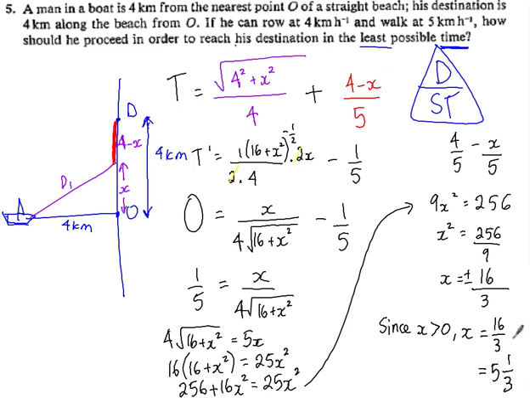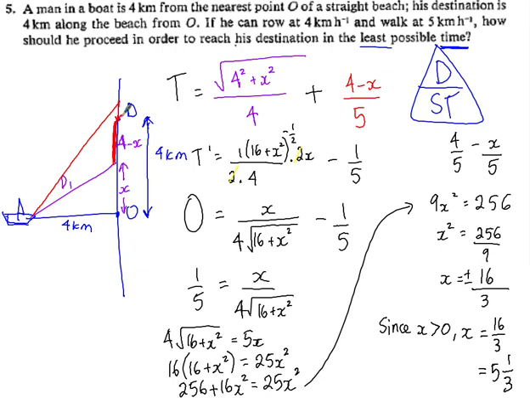5.3. So actually, you know what's happening? He is rowing past his destination and then walking backwards. That's stupid, man. I don't think anyone in the world thinks of that. That doesn't make sense. If you're going rowing up there and then he's walking back this way. How do you figure that?